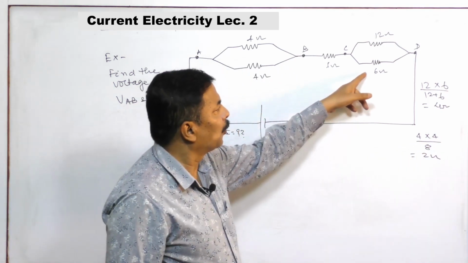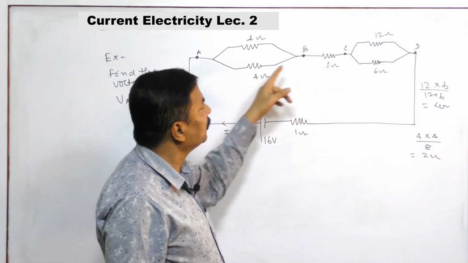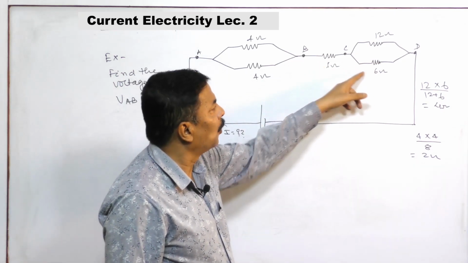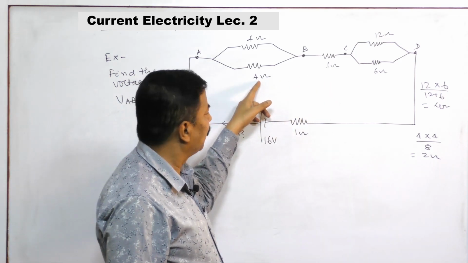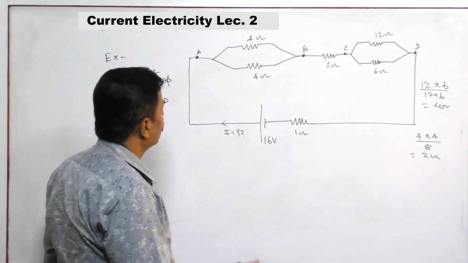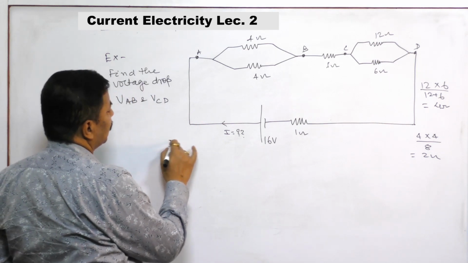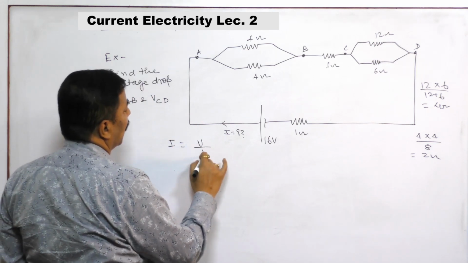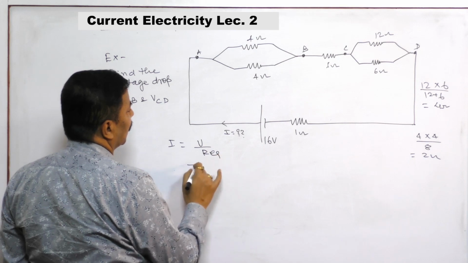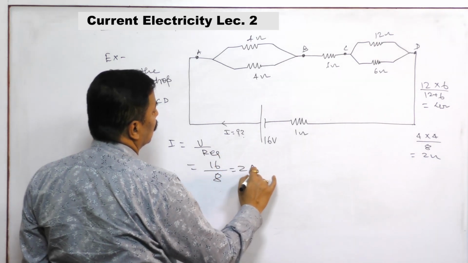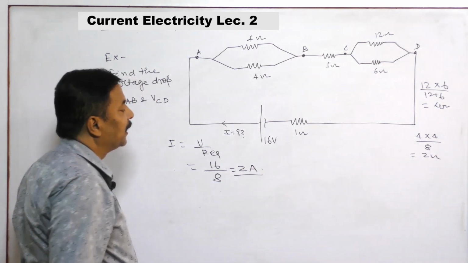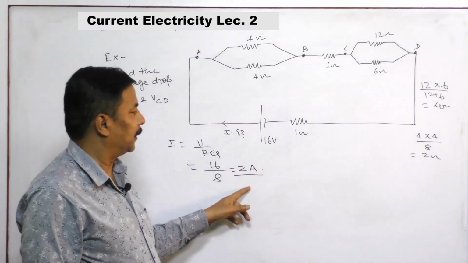So this is your 4 ohm, this is your 2 ohm, this is your 1 ohm. So 4, 1, 5, 2, 7, 1, 8. So I is equal to V by R equivalent, that is V is your 16 by 8, that is 2 ampere. So we are getting 2 ampere current.